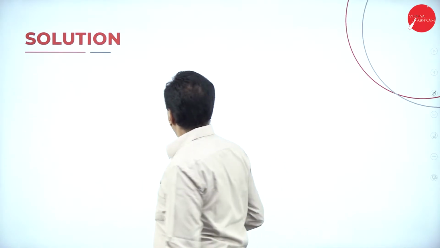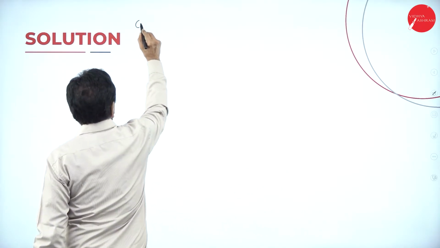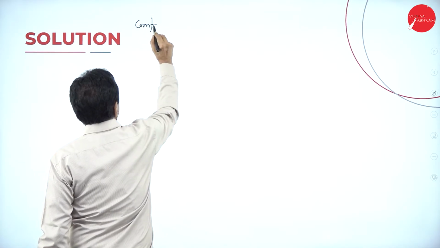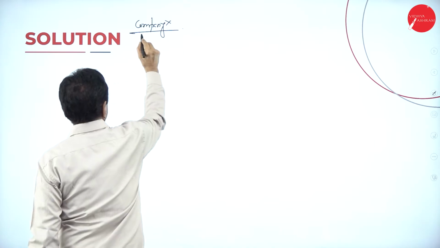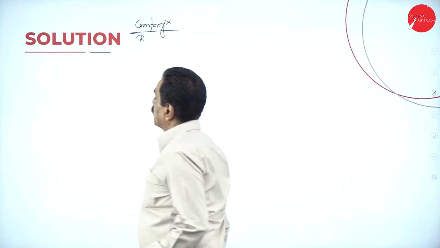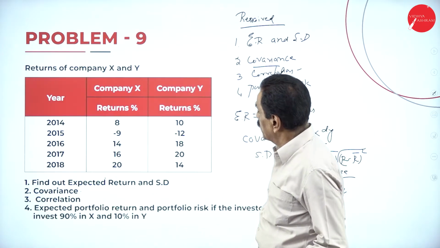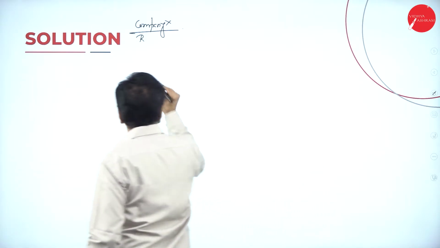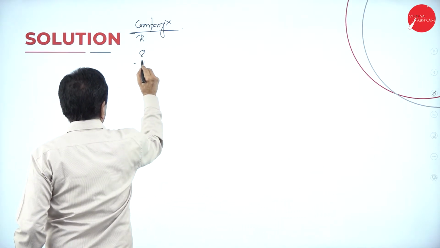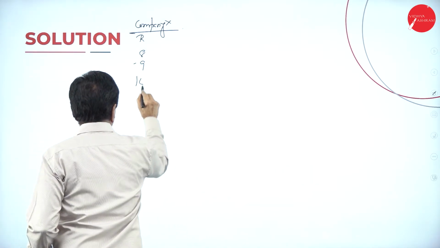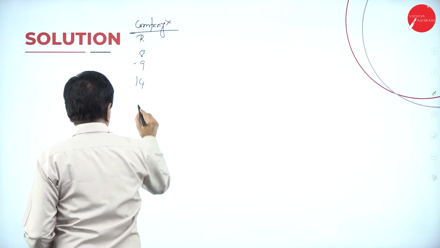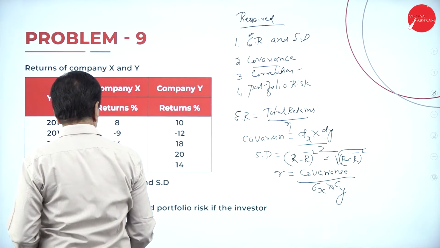Company X returns: 8, minus 9, 14, 16, 20.